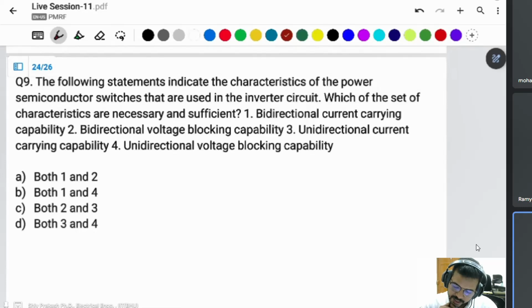Third, unidirectional current carrying capability. Fourth, unidirectional voltage blocking capability. It is asking which properties of the switches are necessary so that you can use them in your inverter system.